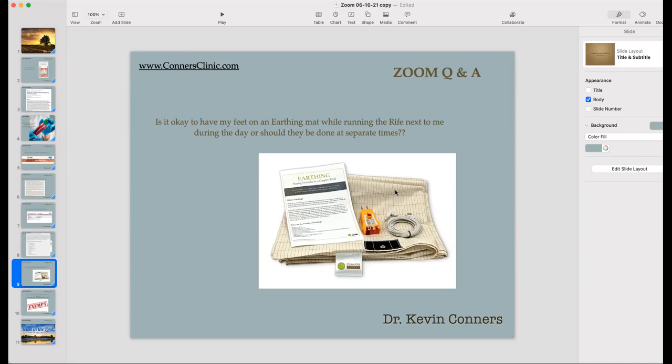Now, we do not send everybody home with a grounding sheet, because there can be negatives to a grounding sheet while you're running the Rife. This is just my belief. If you fall asleep and the Rife bulb just falls onto the grounding sheet, then you're losing a lot of the frequencies. It'll prefer to go towards the ground than go through your body.